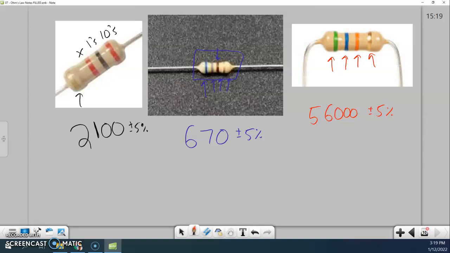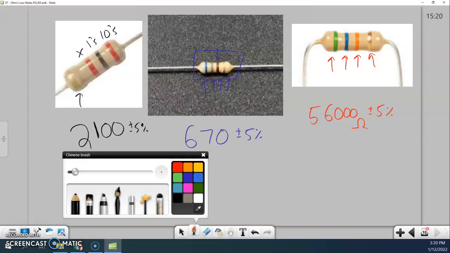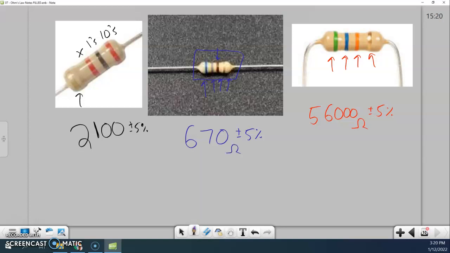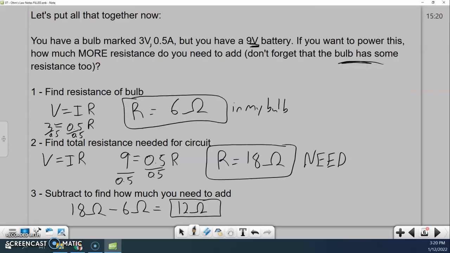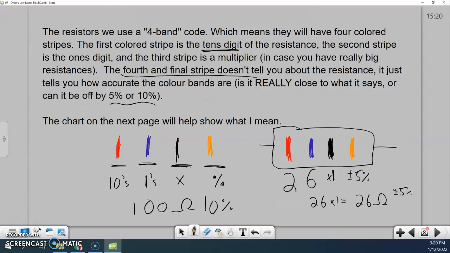So what do these numbers mean? Just as a quick reminder, ohms, it's our resistance. So if we go way back to our Ohm's law, we needed 12 ohms.